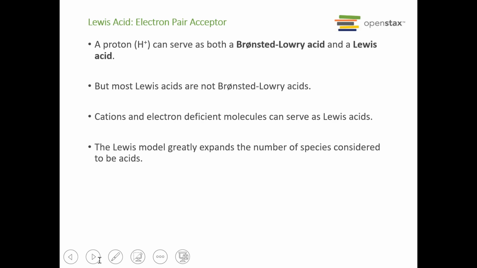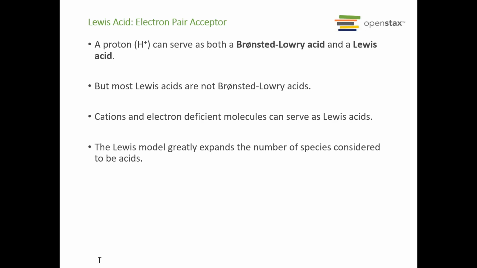Something like a proton would be a Bronsted-Lowry acid because it's a proton donor. In fact, it is the proton that's being donated. And it would also be a Lewis acid because it can accept a pair of electrons. But there are a lot of cases of Lewis acids that are not also Bronsted-Lowry acids.